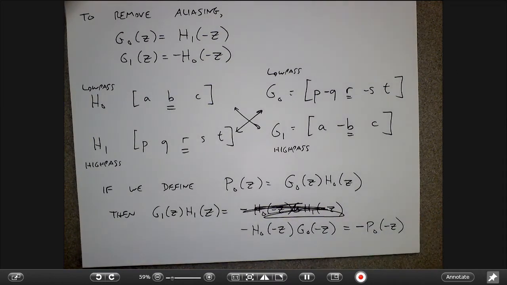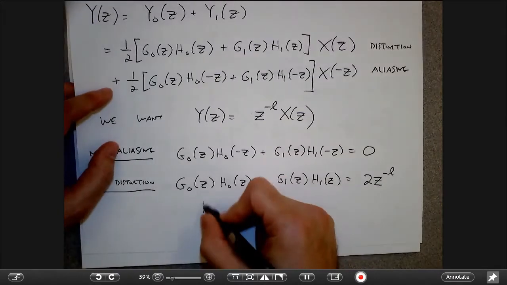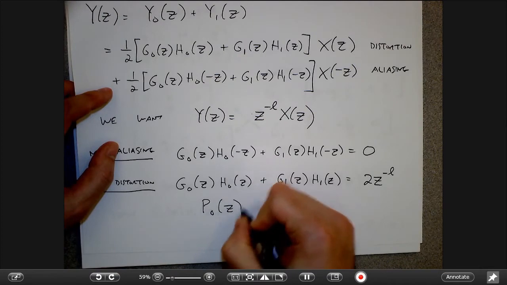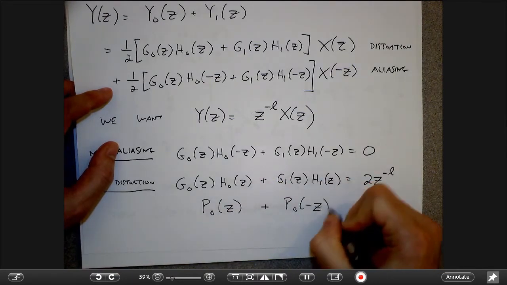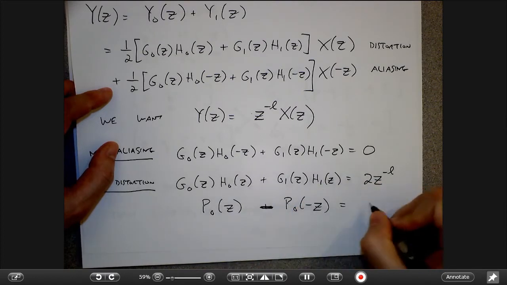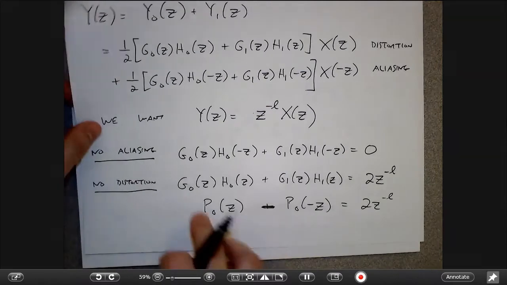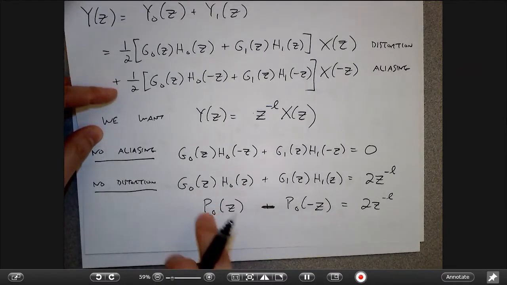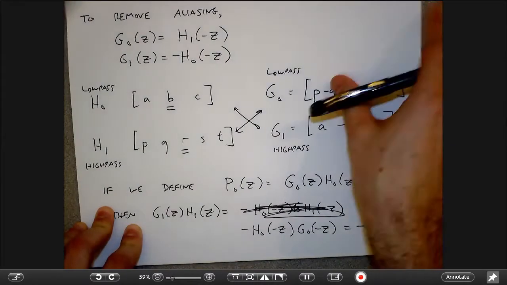And so I can write my no distortion condition by saying this is like P0 of Z, and this is like P0 of minus Z. So now I've subsumed the G and the H into one single filter that I have to think about. Let me write that again here.